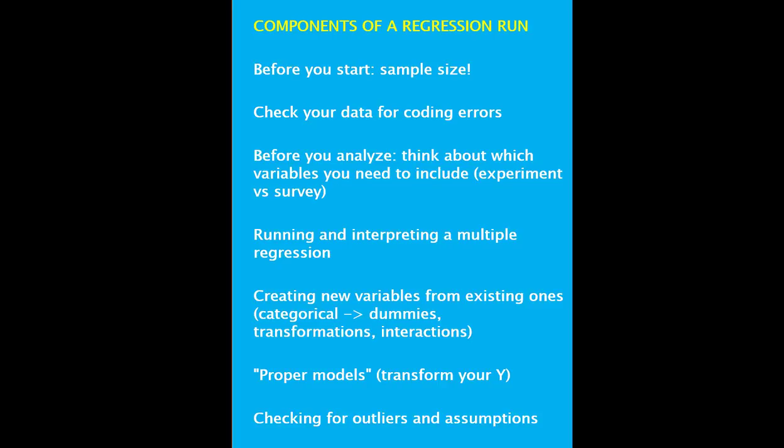The variables that you have, in principle, you can create new ones from those so that you have more to work with. That we're going to go through as well. Then a little bit about proper models. If our models in several different ways go haywire, then what can we do? And we have to check for outliers and assumptions, and I think the larger part of this is the topic of the next lecture.